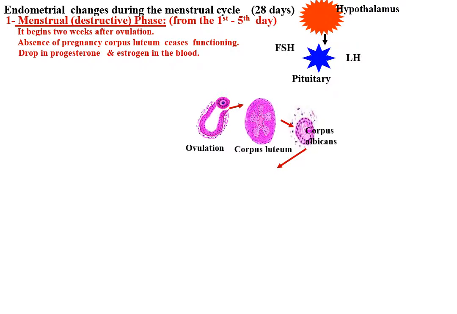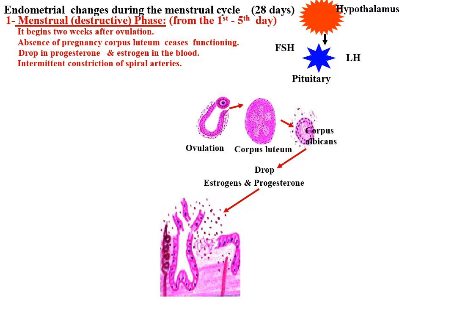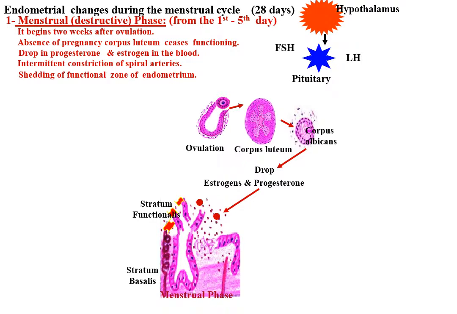There is a drop in the level of progesterone and estrogen, resulting in intermittent constriction of the spiral arteries, which causes ischemia and subsequent necrosis of the functional layer. Rupture of the arteries follows, and bleeding occurs, with complete shedding of the functional zone of the endometrium, leaving the basal zone.